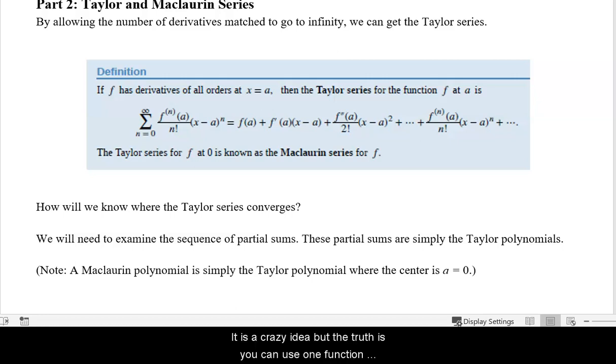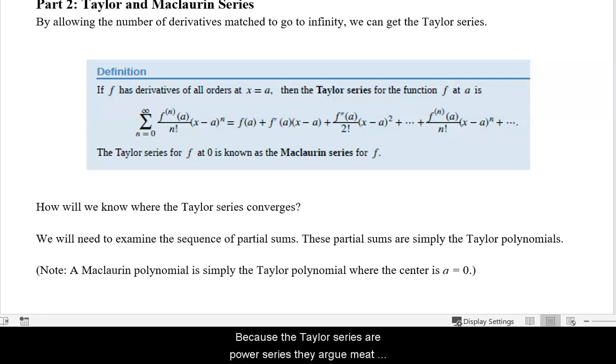It is a crazy idea, but the truth is you can use one function to develop the Taylor series, but it can converge to a totally different function. This can be a problem. So we need to know when it converges and also what it converges to. Does it converge to the same function that generated the series or to something totally different?